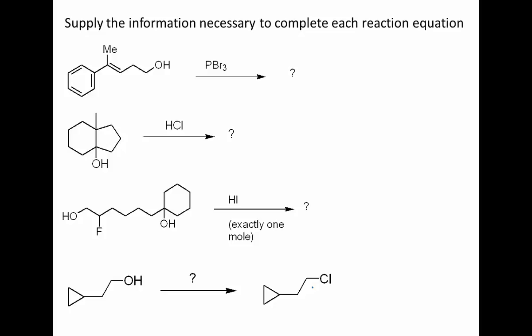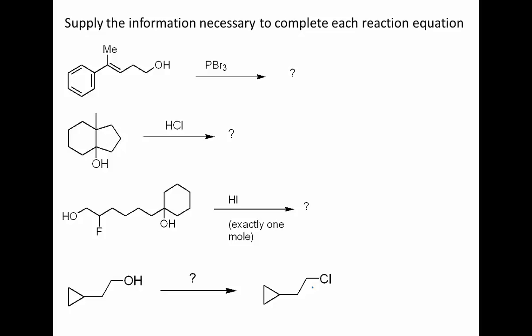Okay, so here's a common type of equation that you'll see on exams, asking you to predict the product of a reaction or supply the missing information denoted by a question mark that's necessary to complete each reaction equation. In these reactions here, I want to add something that you'll see quite frequently, the benzene ring.